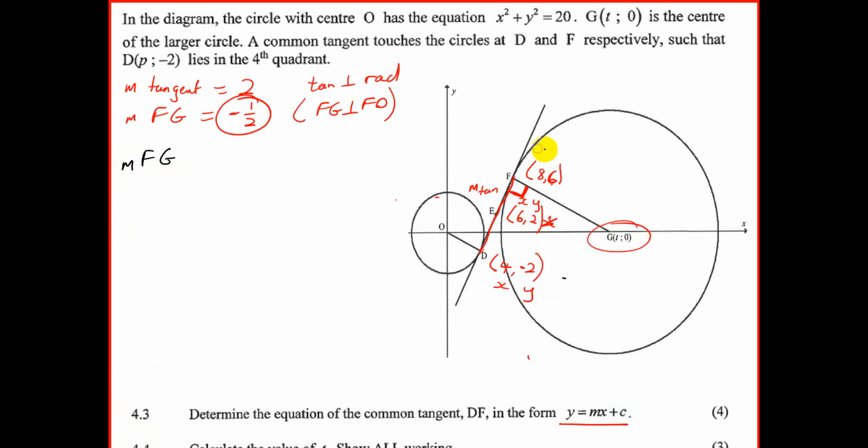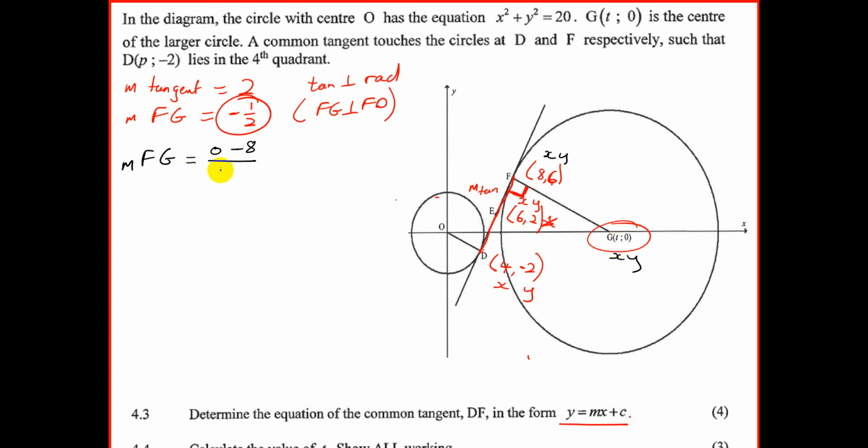F's coordinates are (8, 6) and G's coordinates are (T, 0). So that will be equal to y2 minus y1, I'm going to start with the G value of 0 minus 8, all over x2 minus x1.